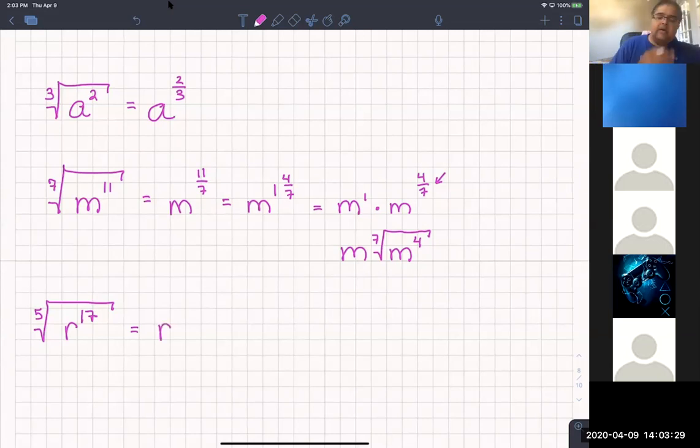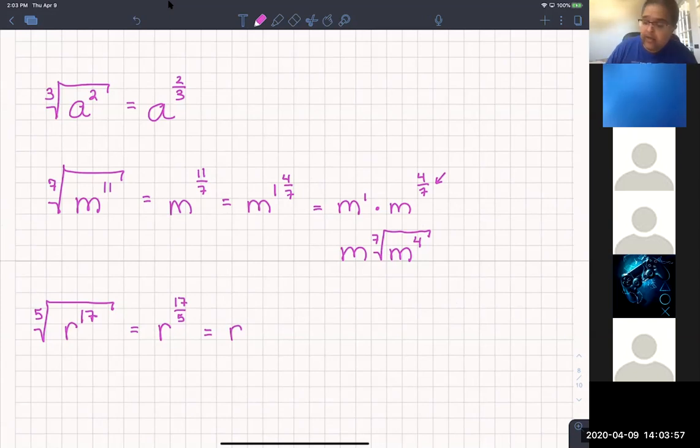So what would be the fraction exponent? 17 fifths, I think. Okay, good. Now we're going to break this into a mixed number. So what is 17 fifths as a mixed number?